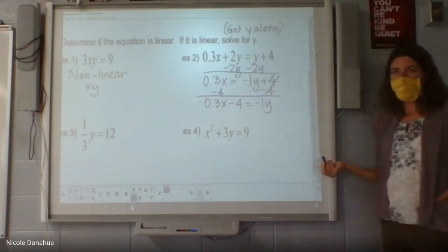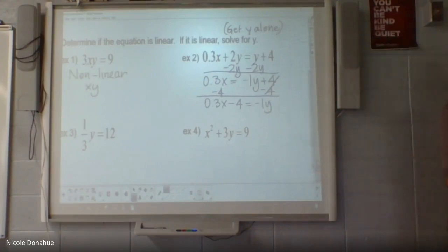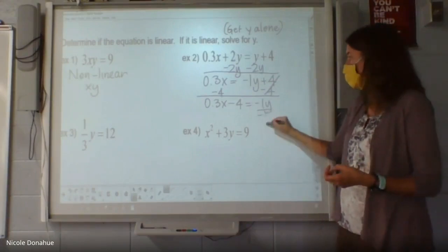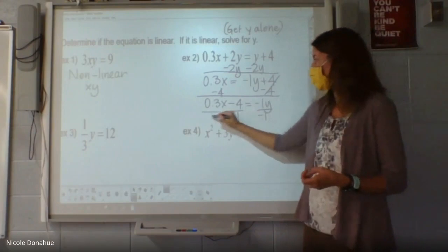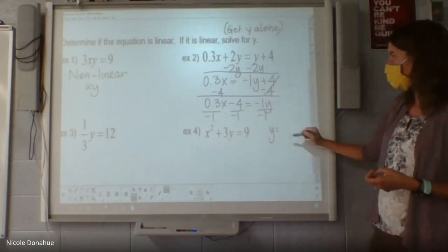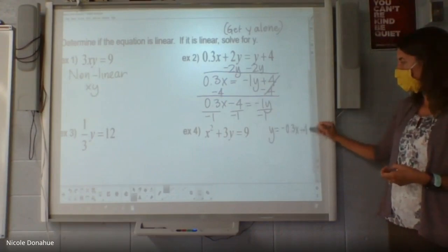And then the only thing different with this one, maybe that you didn't have to do, is we want to get that negative 1 to go away, so what do I have to do? Yeah, I'm going to divide everything by negative 1. So my equation ends up being y equals negative 0.3x plus 4.